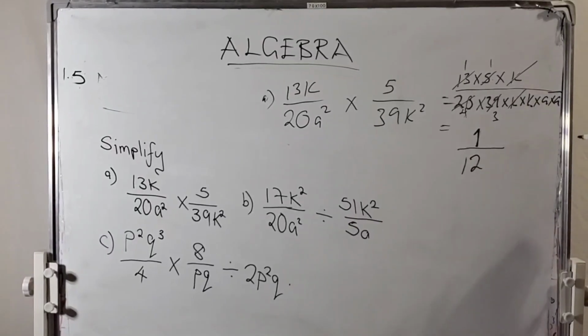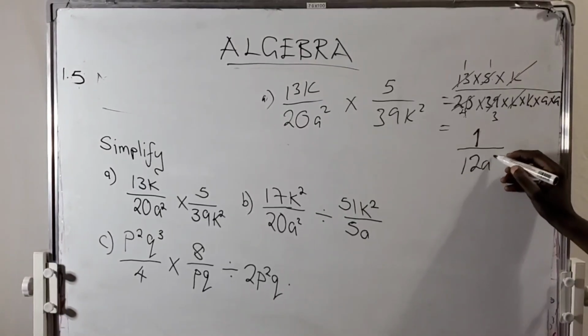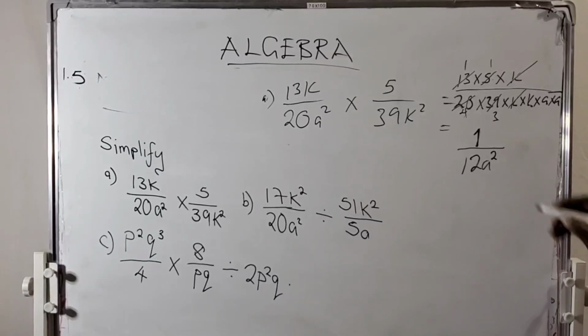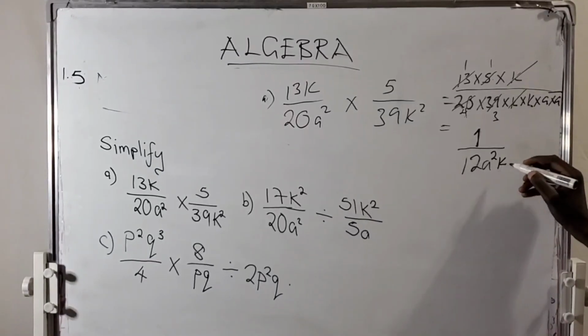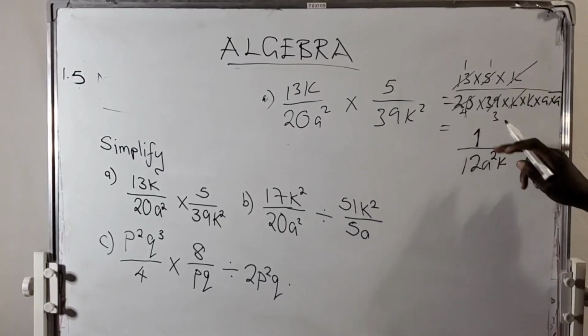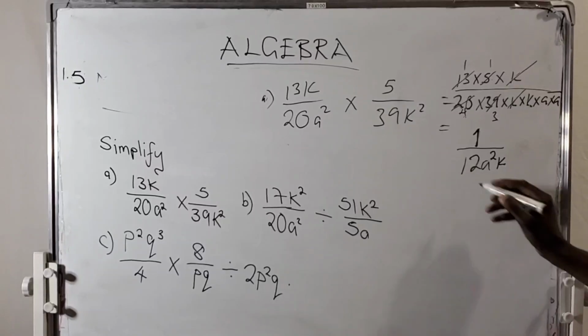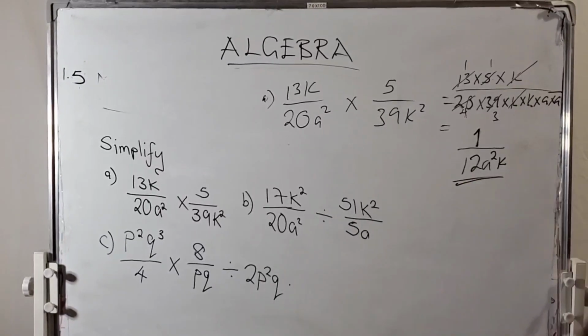How many k's do you remain with? 1. How many a's? 2. So let's start with a's: a to the power 2, then k. Can you reduce further from this point? No. So this is the final answer. The key is you cancel out variables and the numbers.